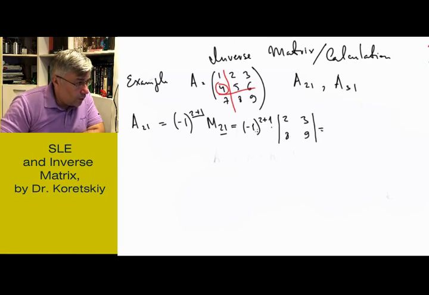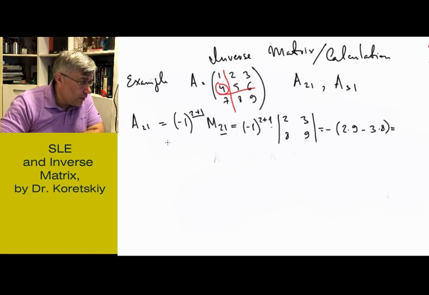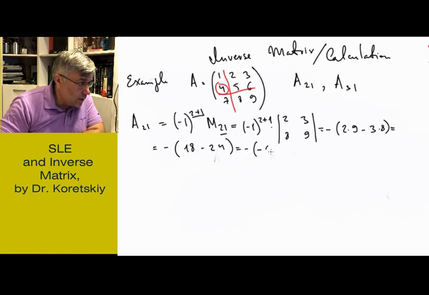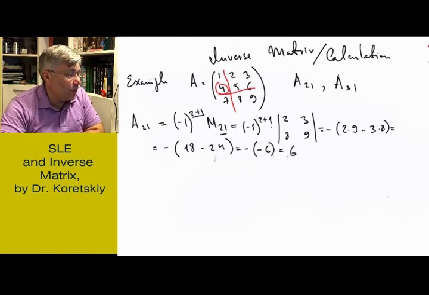Minus 1 raised to power 3, it is minus 1, times, we have here 2 times 9, minus 3 times 8. Since that we have minus 18, 3 times 8, 24, and we have minus 6, and it is just 6, so it's a new number.